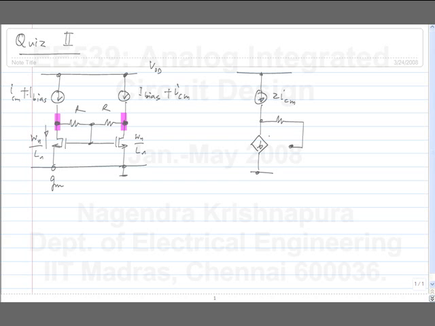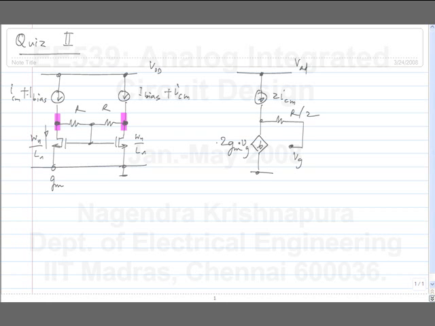What is the transconductance of this transistor? 2 times GM, because you connect corresponding nodes together, right? And this is R by 2. So if this is VG, the current source is 2 GM times VG.